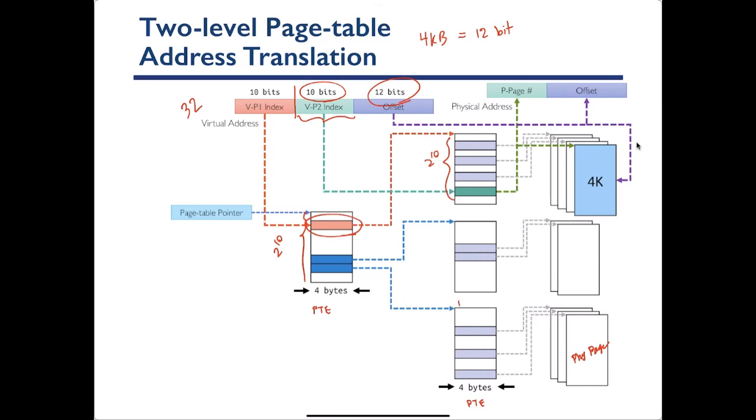So this is page table level 2, this is page table level 1, and the last one is just the actual page. As I mentioned, in this particular example, each page table has 2^10 entries, so 1024 entries.